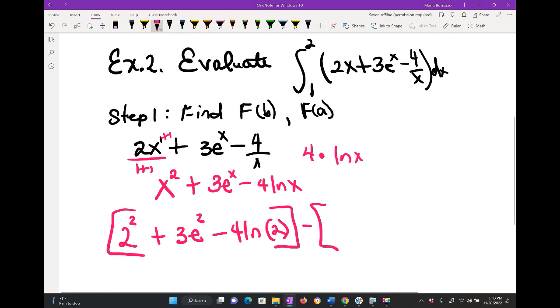Let me shrink it down so you see where the 1 comes from. This becomes 1 squared, which is redundant, plus 3e to the 1 power minus 4 natural log times 1.